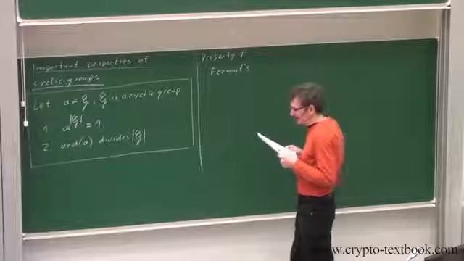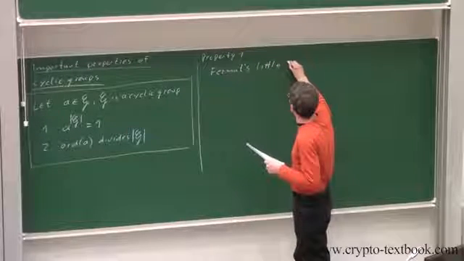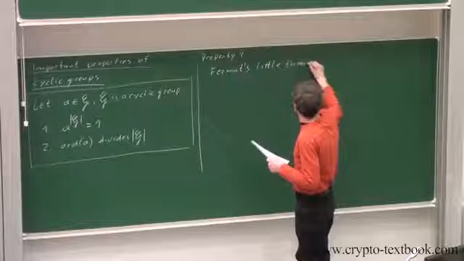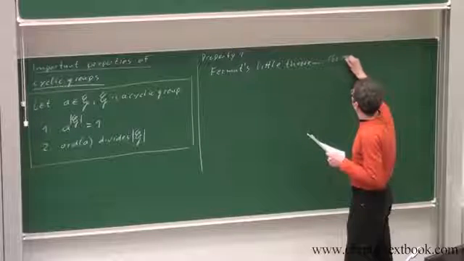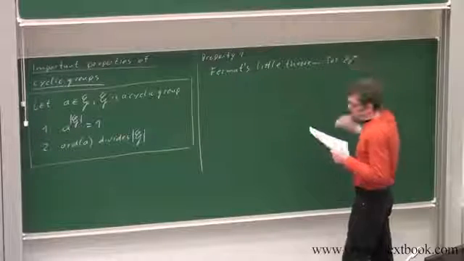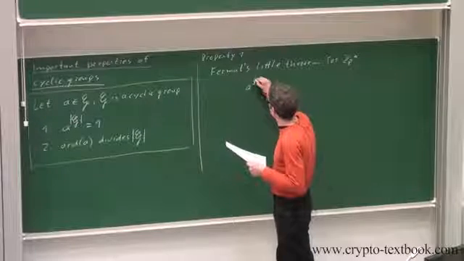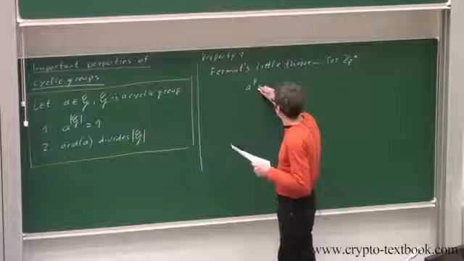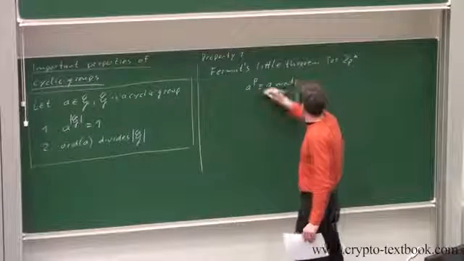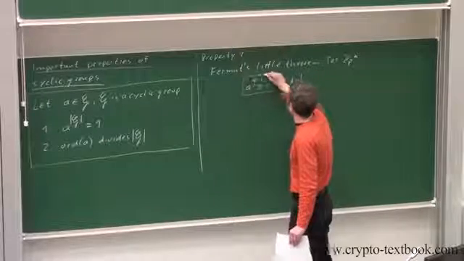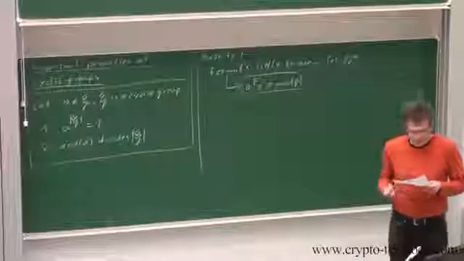Okay. Fermat's little theorem for that P, what Fermat theorem does is, Fermatsche Theorem sagt, A to the P is equal to A. Kleine Fermat, little Fermat. Okay?